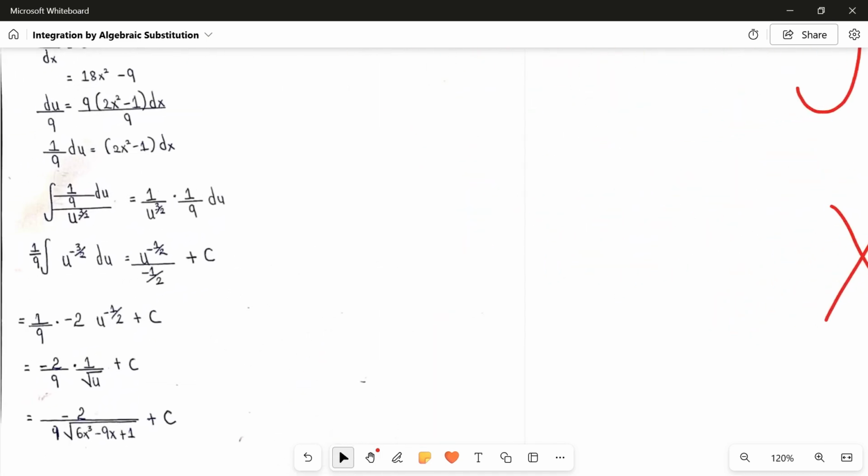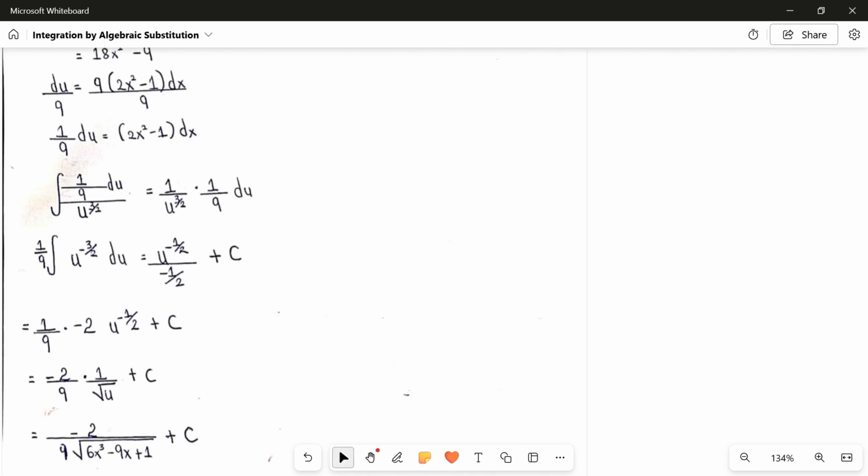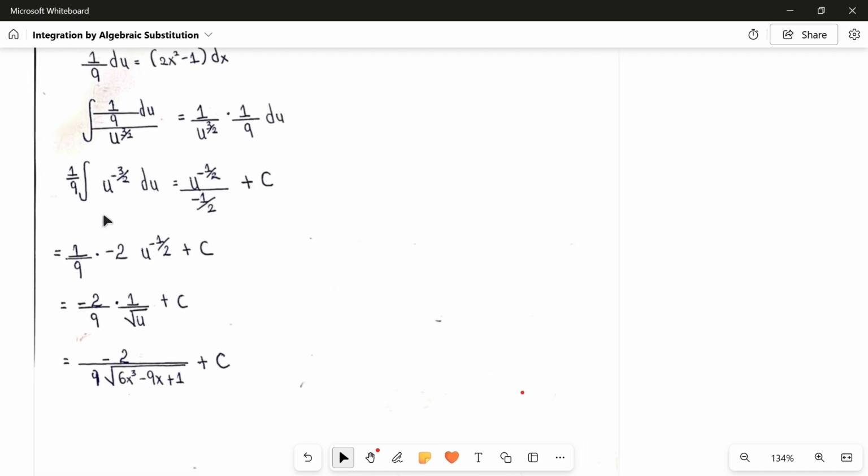So when you add 1 to negative 3 over 2, you get negative a half, okay? So it's u power negative a half divided by the new power negative a half plus c. So you plug a ninth back in and you get a ninth. And then this time we're also going to multiply by the reciprocal of the denominator to remove the division symbol over here. So the reciprocal of negative a half is negative 2.